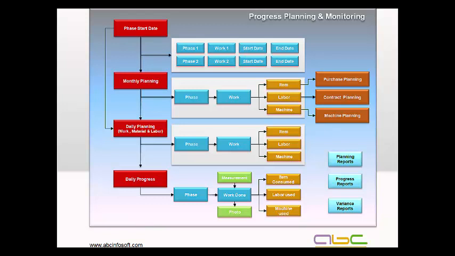To do the work at a micro level, we can do the daily planning for every location and activity. So it will tell me the complete item, labor and machinery requirement for the planned day. After that, we record the progress done, item consumption, labor consumption and machinery consumption along with the measurement of that activity and images for that activity.